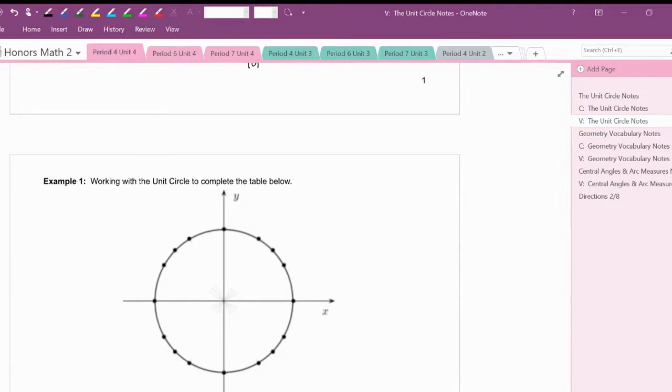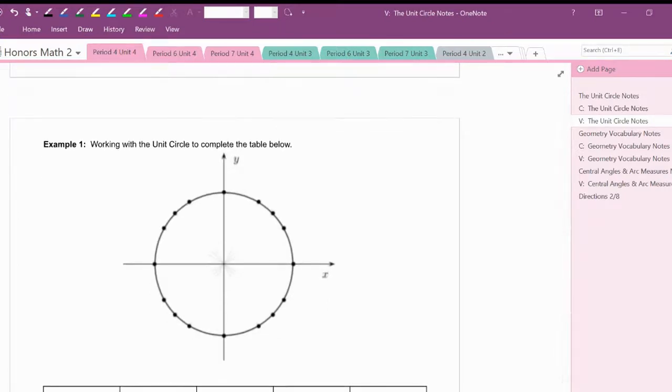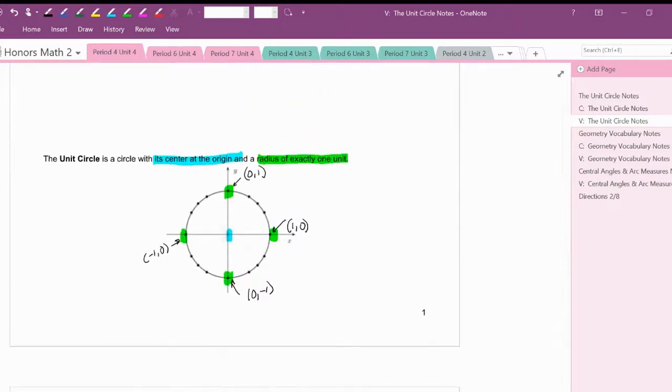And what we want to do is use that as a jumping off point. Let's maybe back up. Let's talk about it. Any angle in standard position that ends up in this quadrant, any one of these angles, this one or this one or this one, those angles end up in quadrant 1.